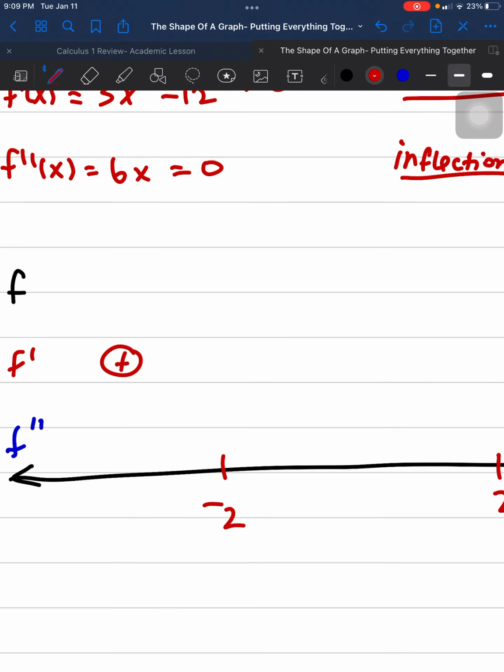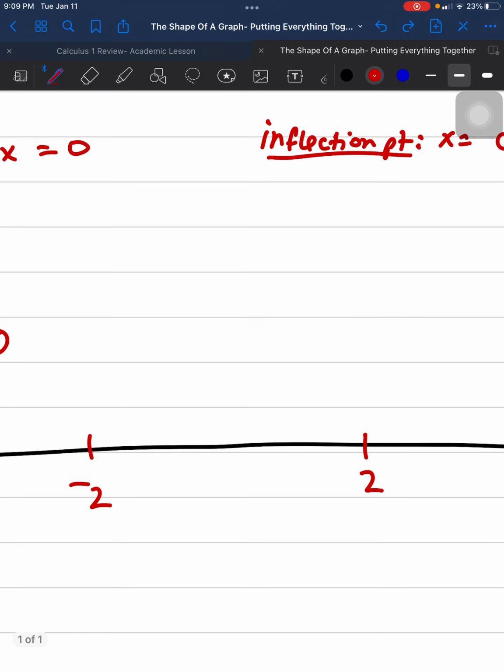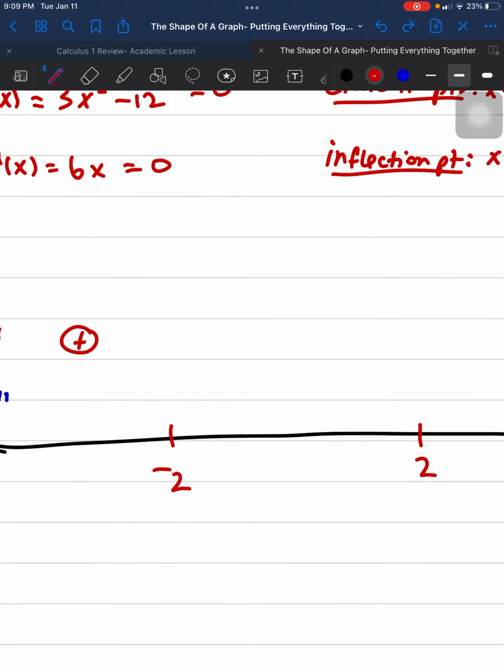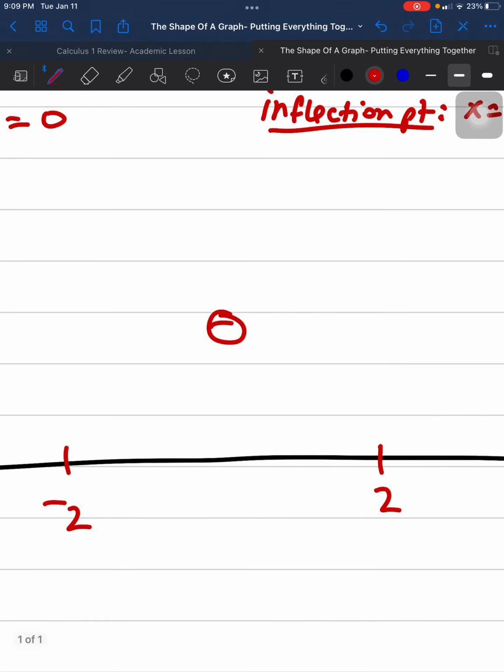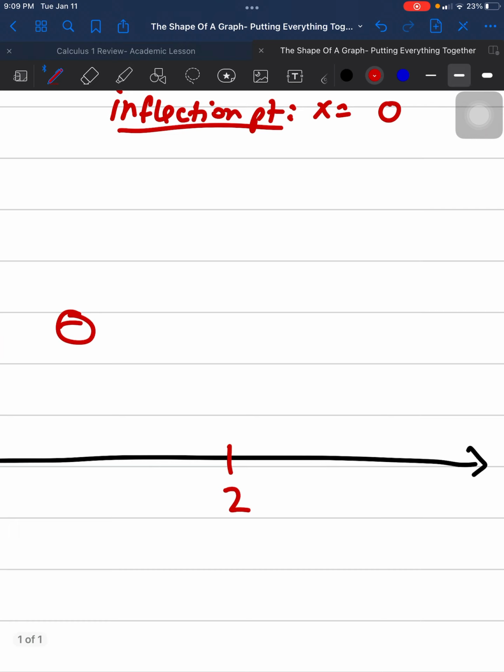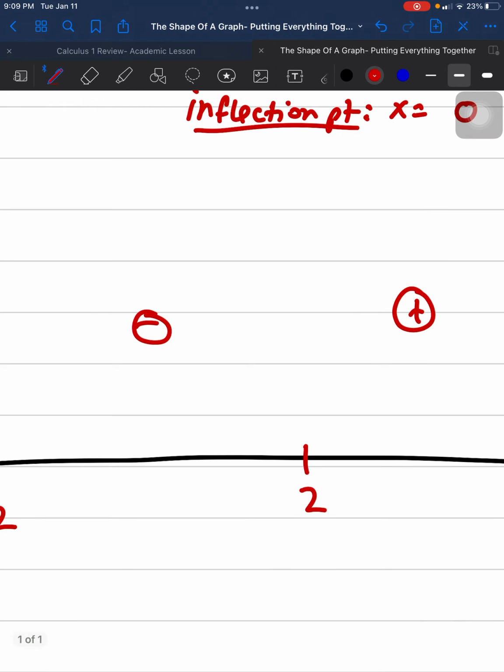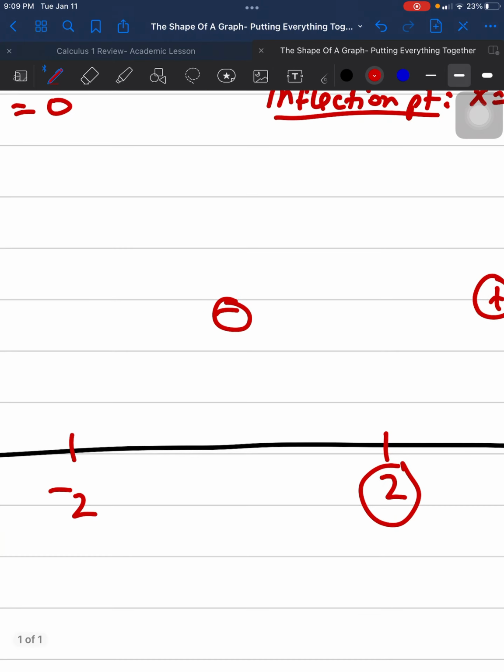And to the right of that same critical point, -2, the first derivative is actually negative. And to the right of the critical point 2, we said that the first derivative is positive. And to the left of this critical point, it's still negative, because -2 to 2 is the one whole domain.